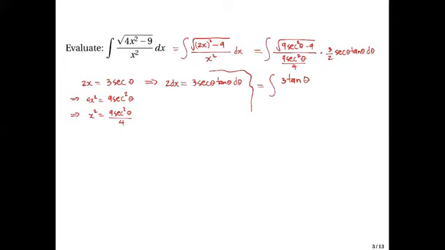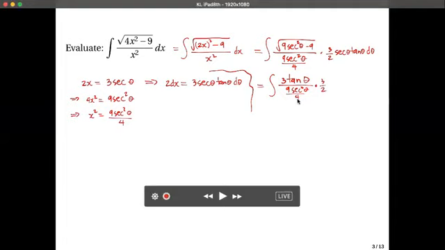And then we still have this here, over 9 secant squared theta over 4. Then in here we have 3 halves. Let's cancel the secant and one of the secants here, and also let's cancel the 2 and the 2 in here.